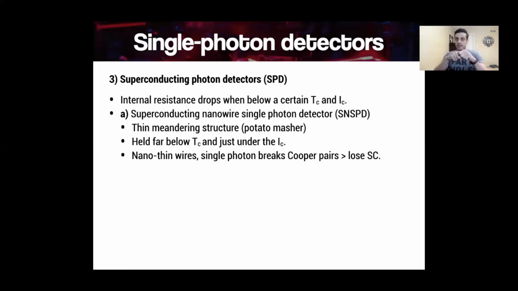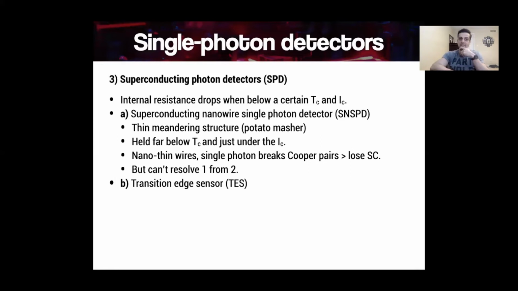A single photon is strong enough to increase the current past the critical current and break the Cooper pairs, so a single photon is enough to lose superconductivity. And once you've lost superconductivity, you've detected a photon. The issue is one photon can do it, but so can two, so you can't resolve one from two photons.